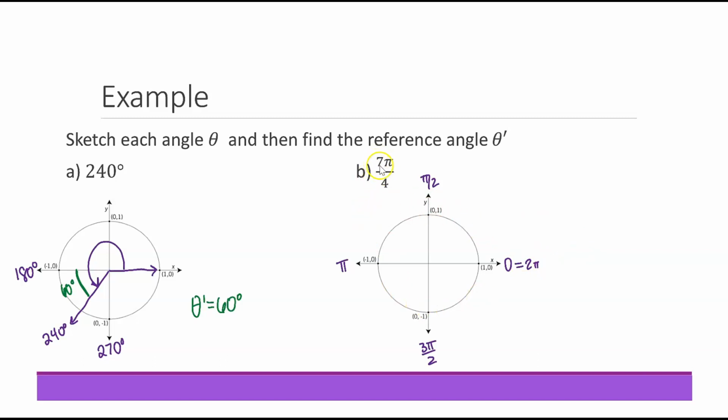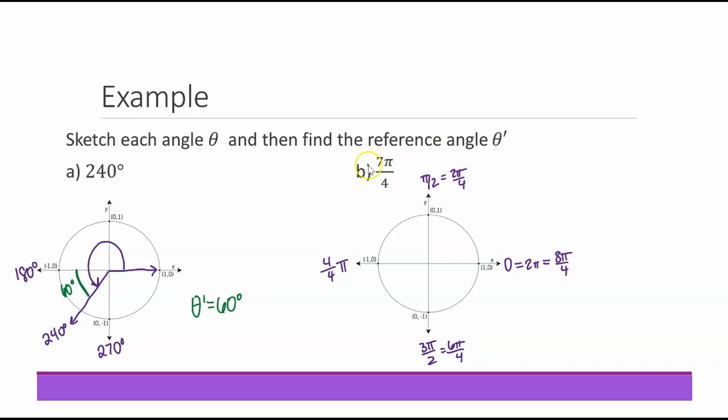And I want to think about denominators of 4 here. So I can think of this as 2 pi over 4, pi is 4 pi over 4, this is going to be 6 pi over 4, and 2 pi is 8 pi over 4.